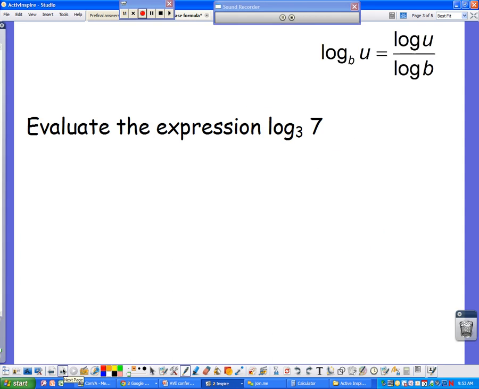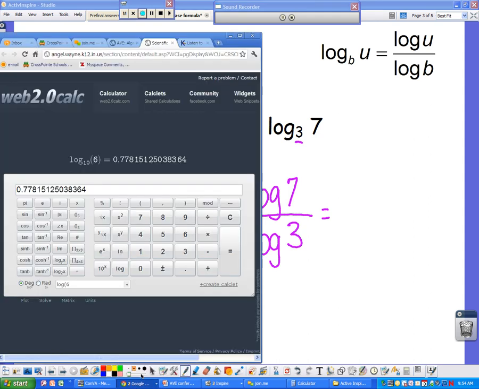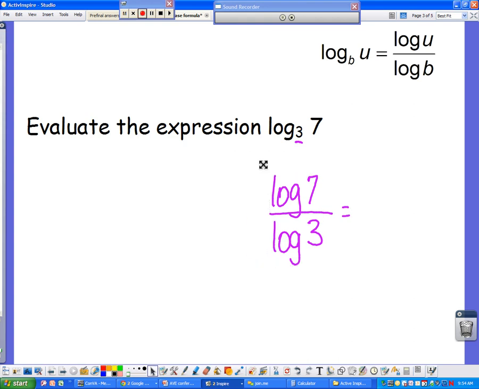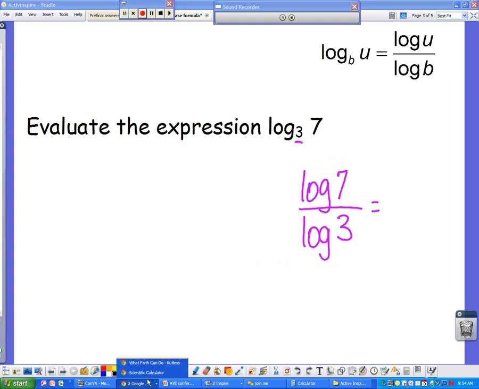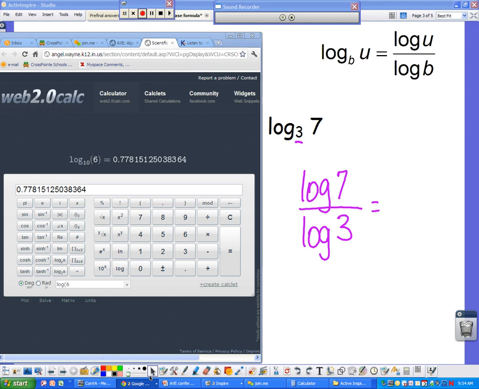Okay? All right, so let's take a look at a couple examples. So we want to evaluate the expression log base 3 of 7. So remember, the base goes in the basement. When we write our fraction, it's going to be log of 3, and then on top, it's going to be log 7. Okay? So you should be able to put all of this in a calculator. There are a couple of criteria you're going to need when you put this in the calculator. Clear it out.